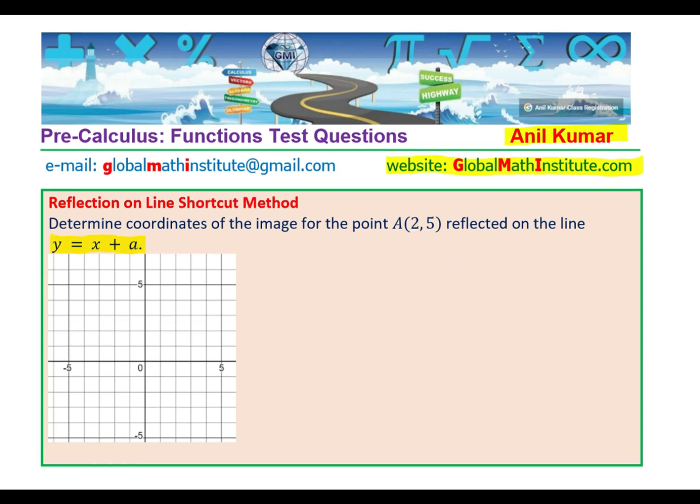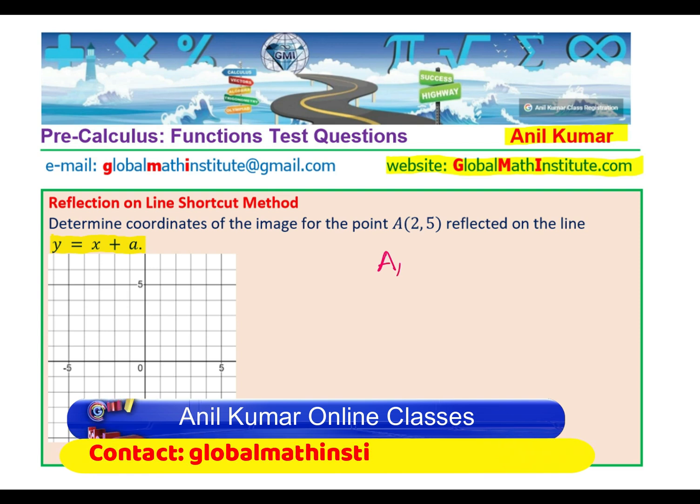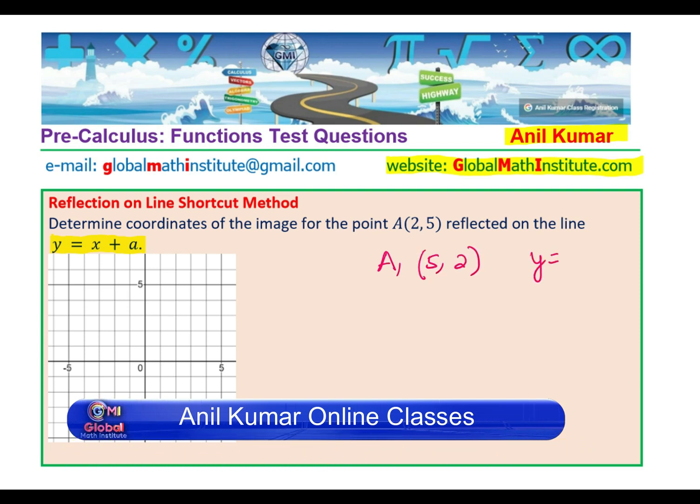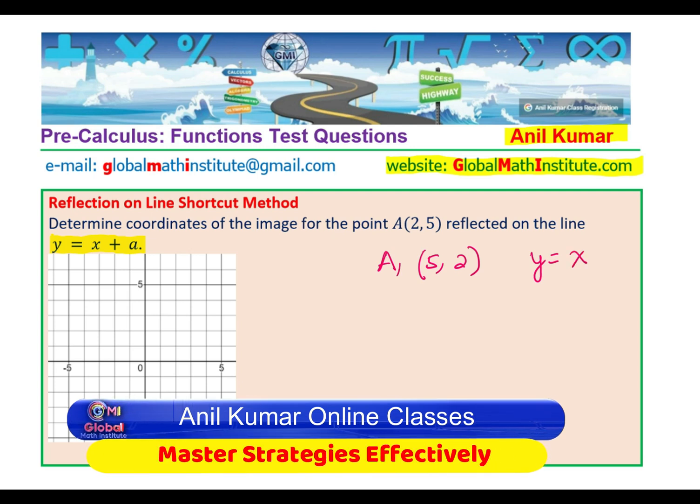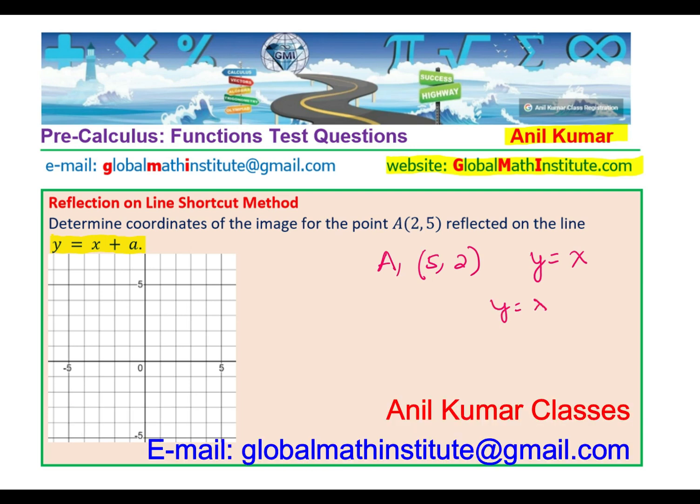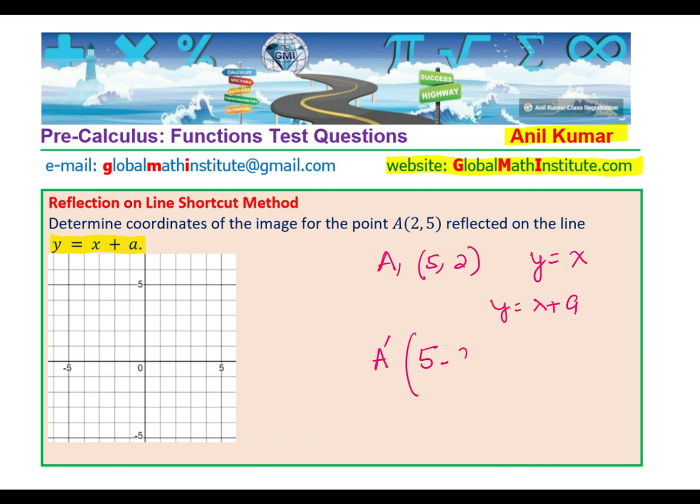Therefore, we can now write that the first step is reflecting the point as if we are reflecting on y equals x. But since we have to do reflection on y equals x plus a, our image after reflection, which is (5, 2), will be found by taking away a from the x coordinate value and adding a to the y coordinate value.